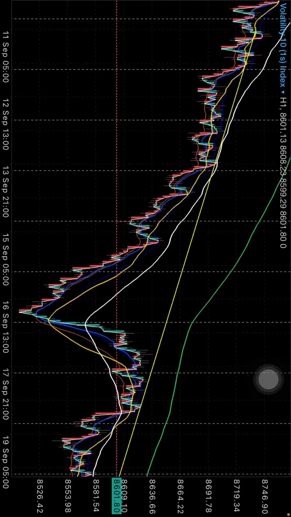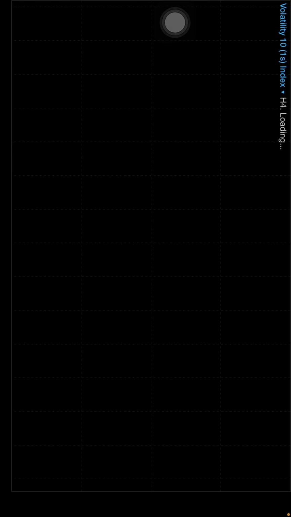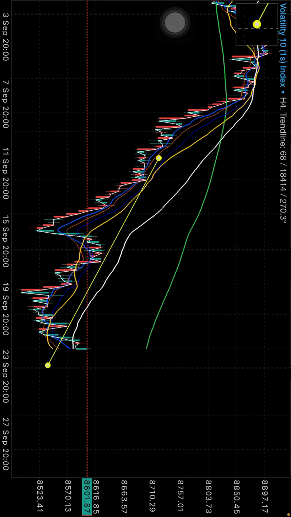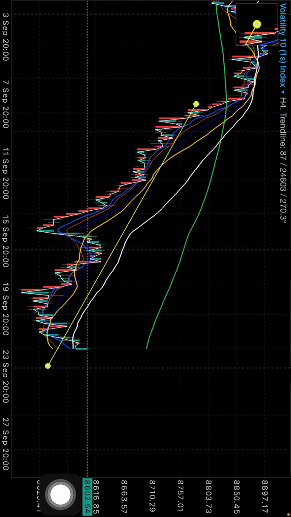So you might have to go on the higher time frame. Okay, here is better. Remember, you need to connect 3 points for the market to be an uptrend. We count 1, 2, 3, and if you could draw it here, it doesn't matter.